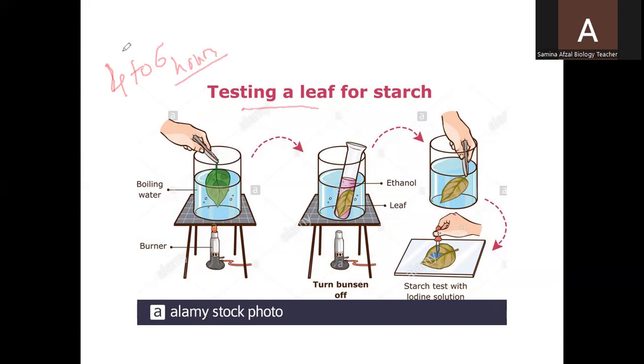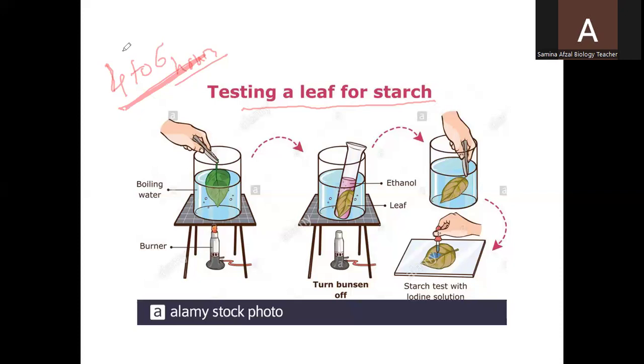Then we will do a test for starch, to see whether during these 4 to 6 hours the plant has manufactured starch or not, because it was a de-starched plant. During destarching, it used all the starch which was already present in it.